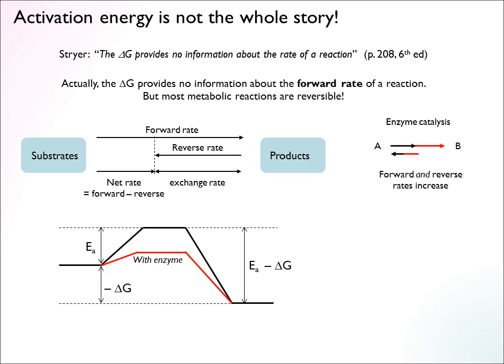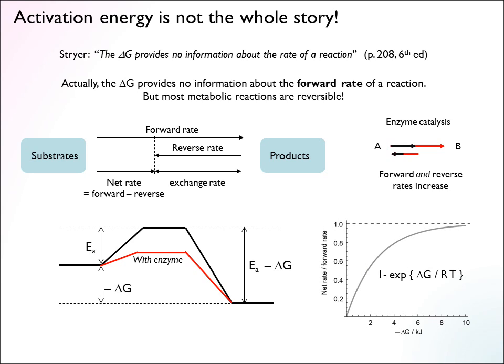And so you can see if you have a large delta G, you're going to have a very fast reaction when it's enzyme catalyzed. And if you have a small delta G, it's going to be basically most exchange flux going back and forth. So the delta G is important.